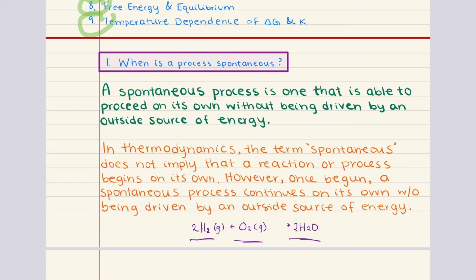However, decomposing water back into its hydrogen and oxygen gases requires a continuous supply of energy. The moment we stop supplying that energy, the reaction stops as well. Therefore, breaking down water into its elemental gases is considered a non-spontaneous process.